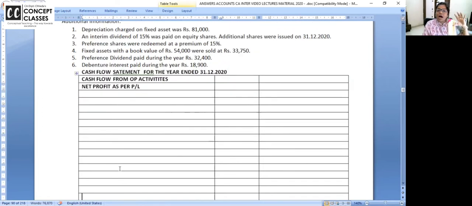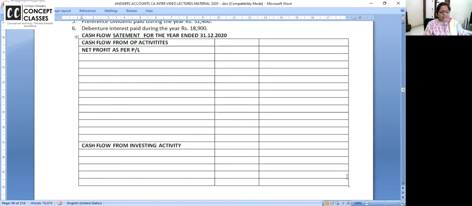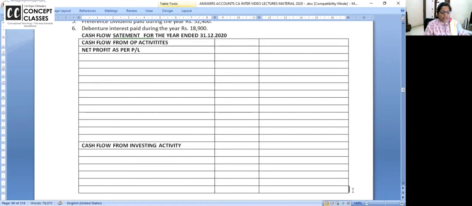So leave around half a page, good half a page, and then I'm writing the second one. Cash flow from investing activity. Cash flow from investing activity, whatever it will be, we will write it. है ना? Right? तो उसमें 4-5 लाइन छोड़ दो, and then you write the next one.